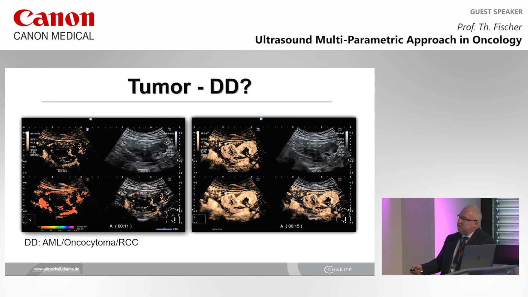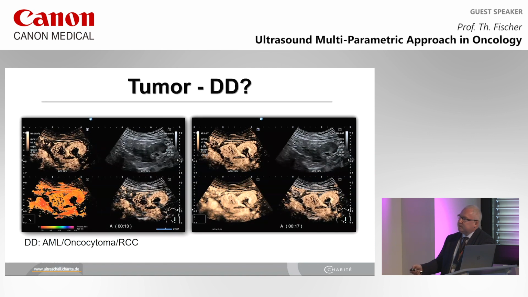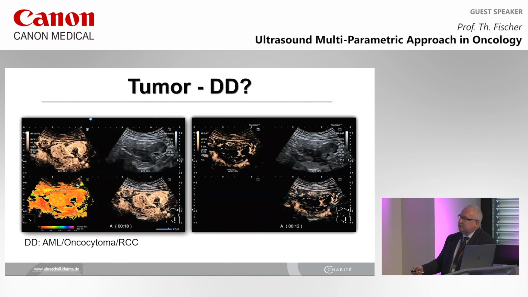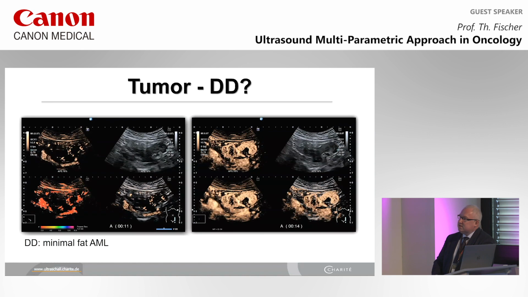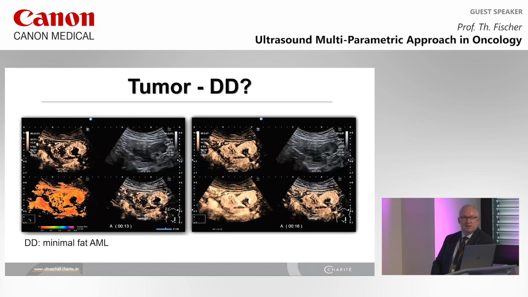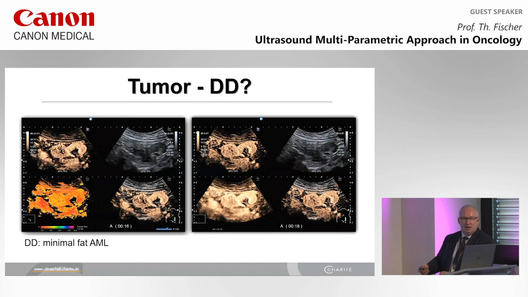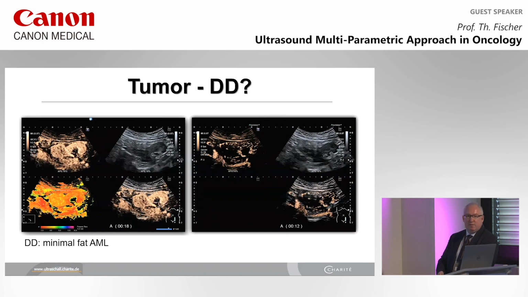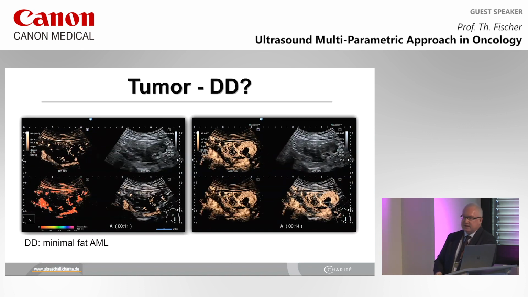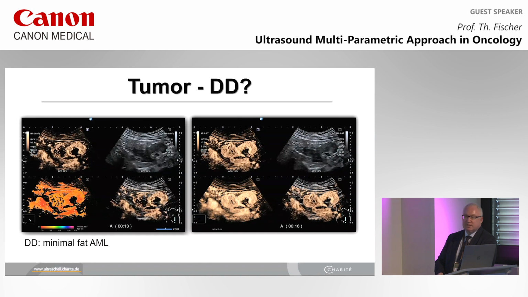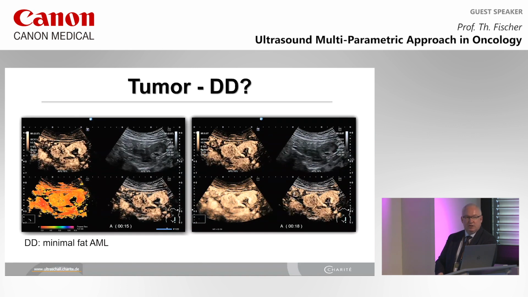I can also use the arrival time here in addition. You see this is the same arrival time as the renal cortex. In the end, this was a minimal fat AML. That's why this was hypoechoic on ultrasound. And of course, we have to double check these findings with MR. And we have the exclusion of this tumor, and this was indeed a minimal fat angiomyolipoma.